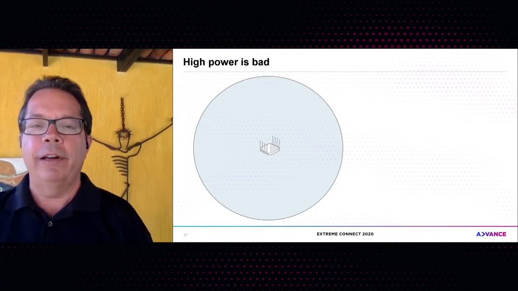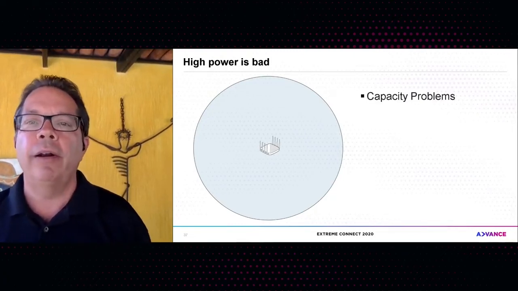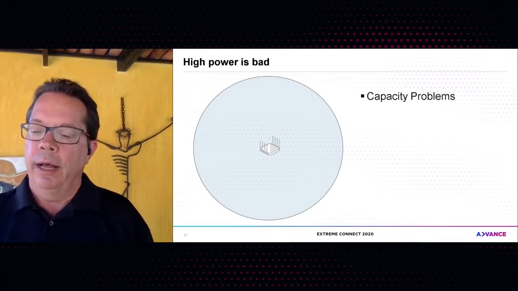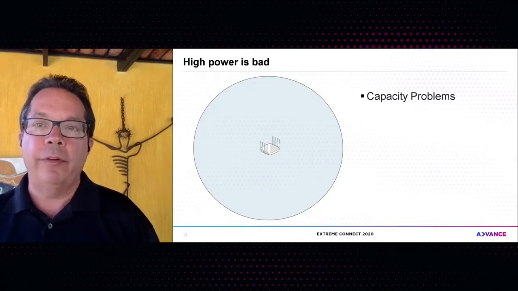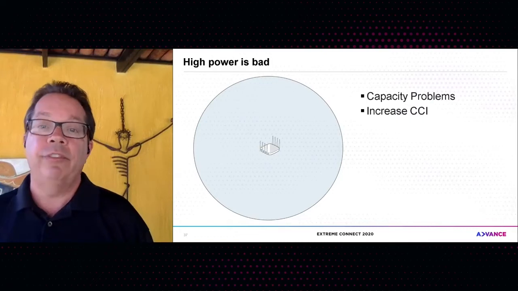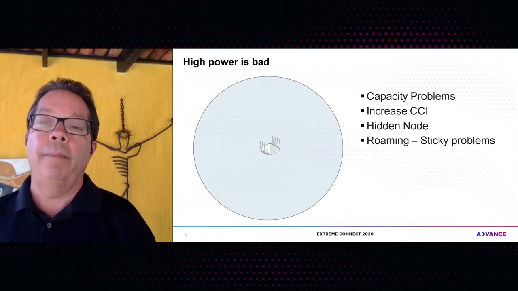And the reason high power is bad and you don't want to turn your APs up to full power is, number one, you won't meet your capacity needs, because 3 APs will cover a whole building instead of 10, but 3 APs won't meet your capacity needs. Number two, it'll absolutely increase co-channel interference. It causes the hidden node problem.